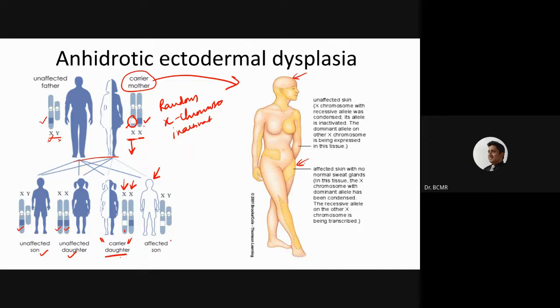So they will have dry patches, which could be treated by moisturizers, and usually they do survive. But if it happens in a male, the whole body is affected, because there is only one copy of the X chromosome for a male.